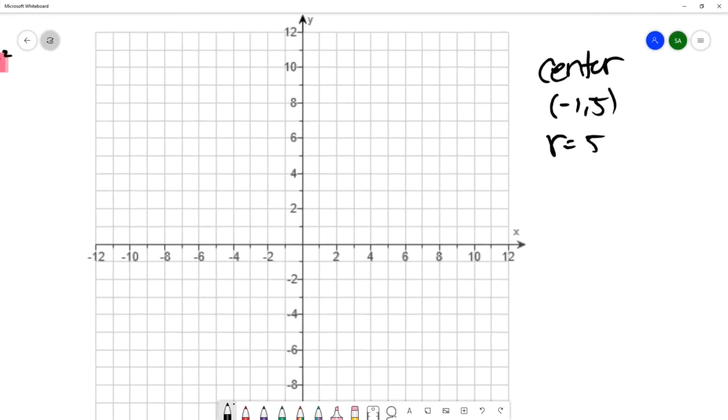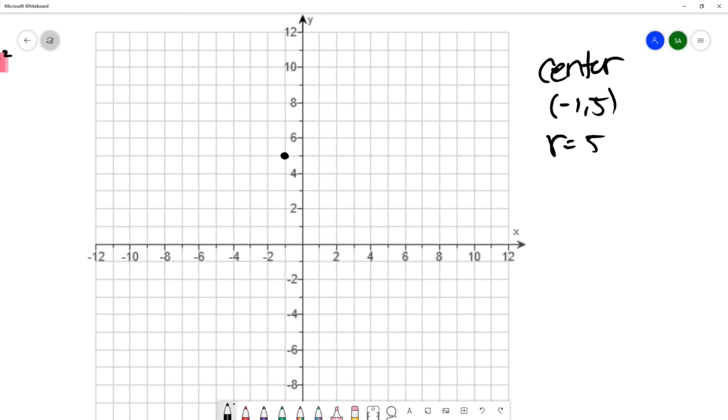Negative 1, 5 would be here. That's our center. From the center, we're going to use the definition of the radius. So the radius is the distance from the center to the points on the circle.